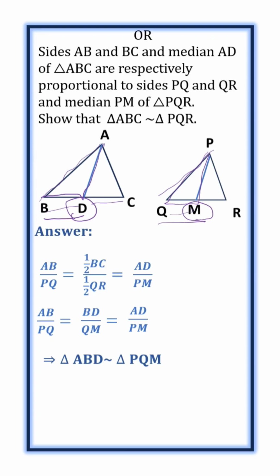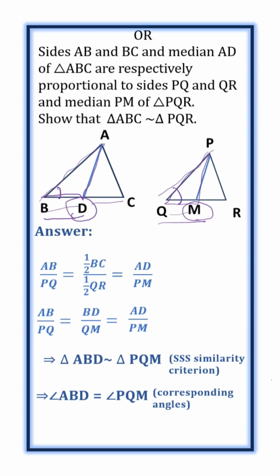Why? Yes, similarity criterion. It means that angle ABD, this angle, is equal to angle PQM. Why? Corresponding angles of similar triangles. It means that ABD is also equal to angle ABC.